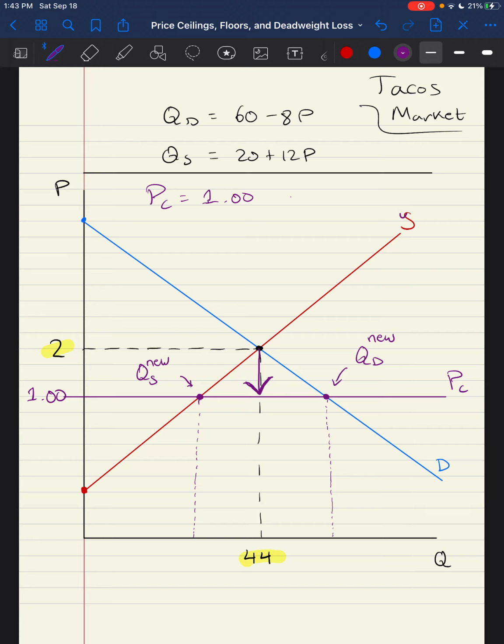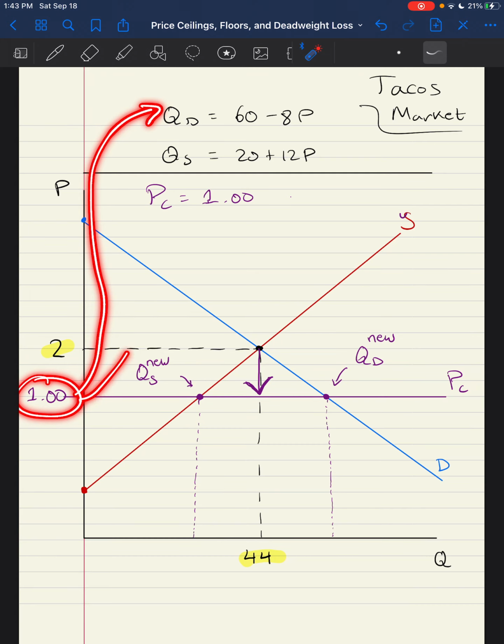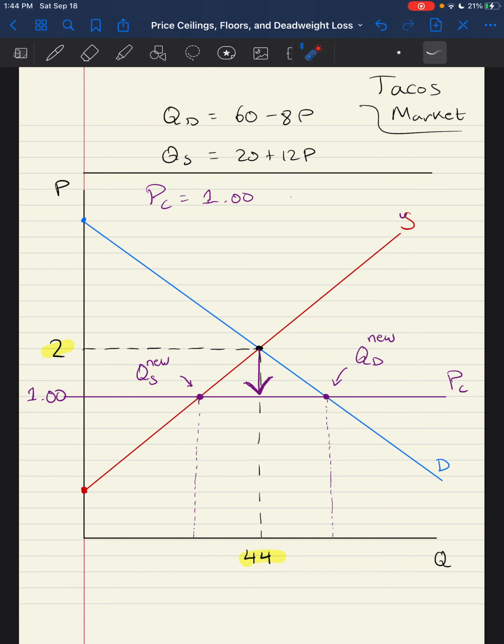Okay, so at a price of $1, we want to figure out what the quantity demanded is and what the quantity supplied is. So all we really have to do is plug this value in for our price for both of these equations. When we do that for our quantity demanded, we get 52.